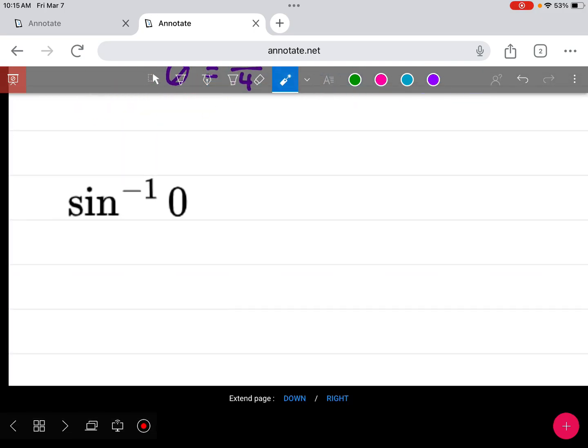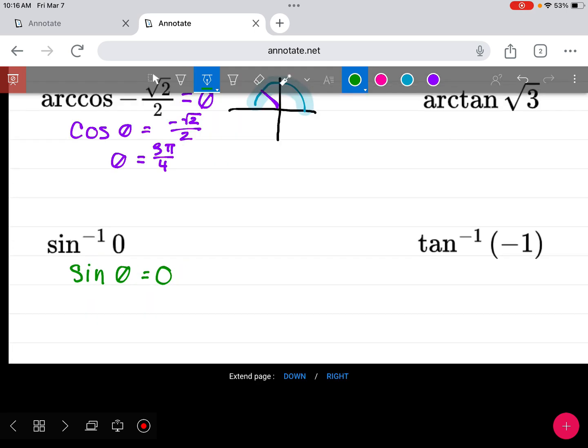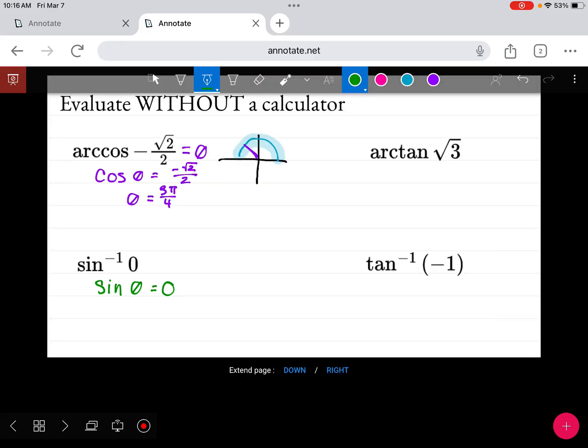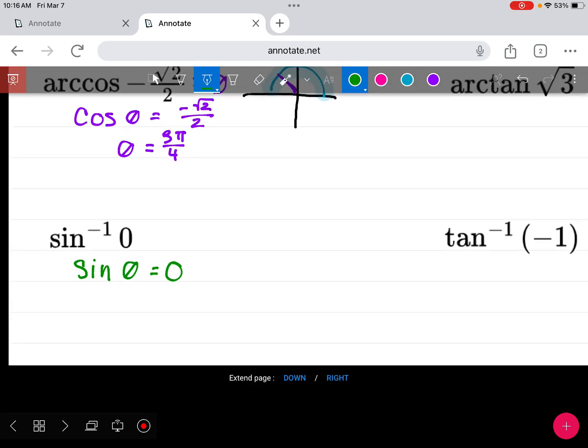So then I'm going to go down. We're going to look at our inverse sine of 0. So this is saying sine of some angle equals 0. I thought arc meant inverse, right? It does. Arc and to the -1 are the same thing. So this is the same thing.